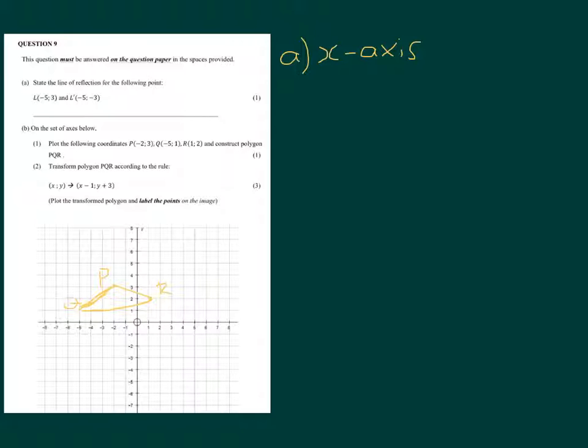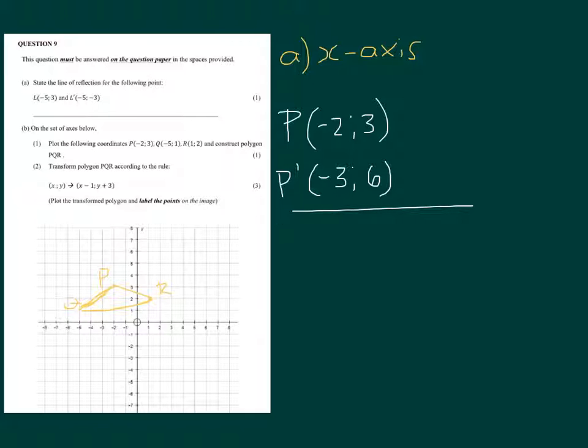It's helpful if you do these calculations on the side of your diagram. So let's take P, and we know we've got -2 and 3, and we've got to subtract another 1 from this first coordinate. So -2 subtract 1 is going to give us -3, and the 3, we've got to add 3 to that, so that's going to give us 6, and now this is P dash.